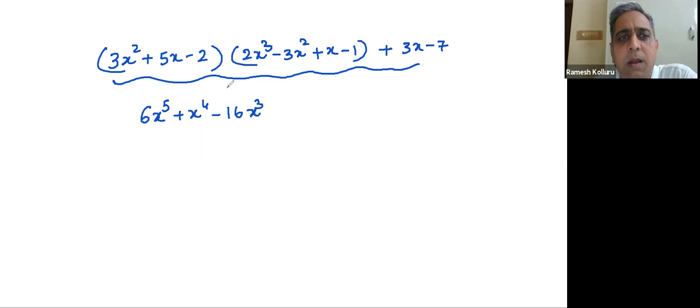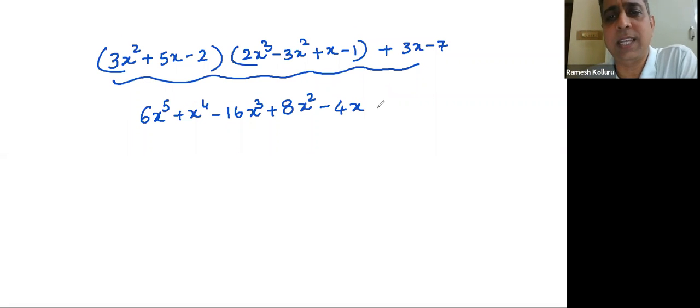And then minus 3 plus 5 plus 6, 11 minus 3 is 8, 8x square. And then 5 minus 5 minus 2 minus 7x, minus 7x plus 3x is minus 4x. And then 2 ones are 2, plus 2 minus 7 is minus 5.